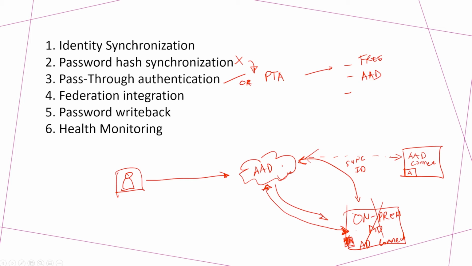Yeah, so that's pass-through authentication. So you see the difference. Pass-through authentication doesn't sync anything, and password hash syncs the password hash. That's the main difference between them.